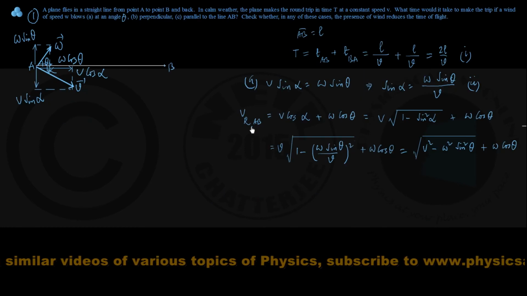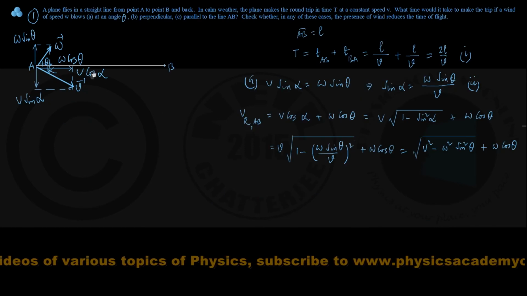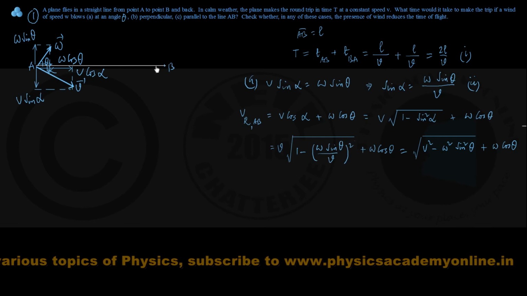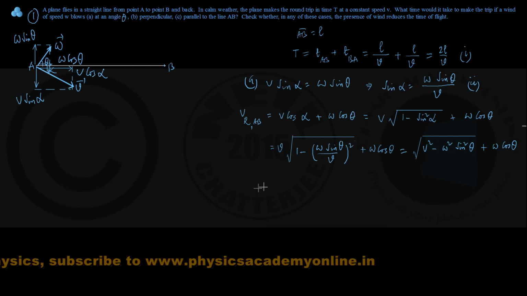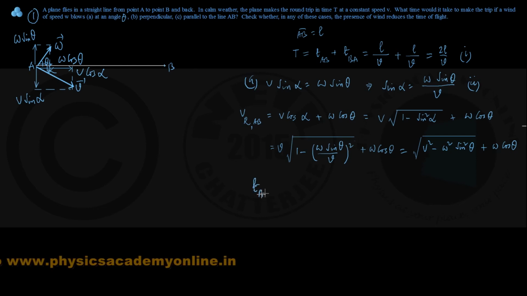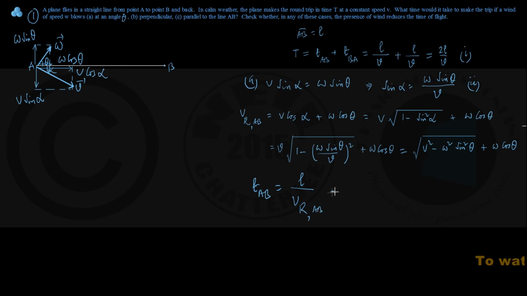Now, since we have got the resultant velocity of the plane along the line AB during the forward trip, by the expression we can find out the time taken for the forward trip, that is TAB in the presence of wind, that is given by the length of AB, that is L, divided by resultant velocity along the line AB.